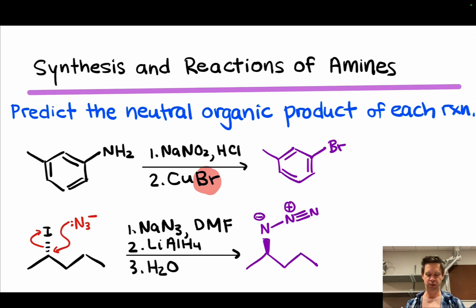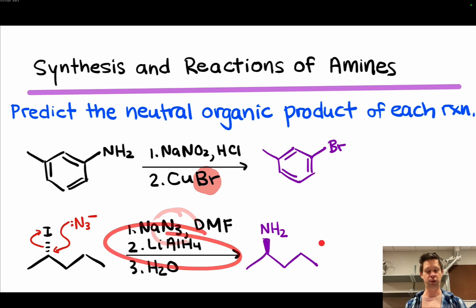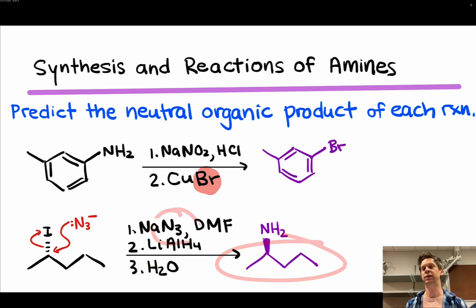So this creates a new NH bond, and after the aqueous workup, N2+ is going to be gone, and we're going to end up with two new hydrogens connected to the nitrogen. So we end up with a primary amine, and this general strategy of doing an SN2 substitution with an azide followed by reduction with LiAlH4 is a great way to make these primary amines with one alkyl group connected to the amino nitrogen.